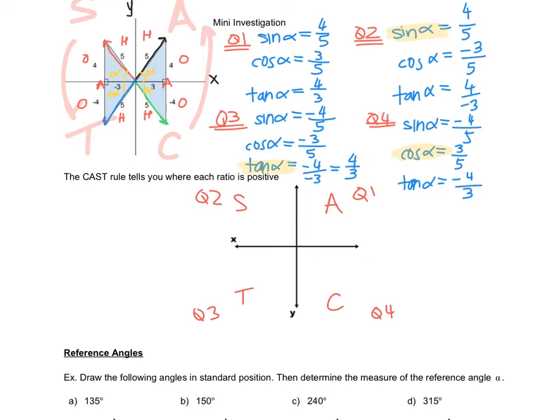Now, let's say this right here is my triangle, and that is my alpha. And I'm going to draw the exact same triangle in each one, which means they all have the same alpha as the reference angle. But we know that in standard position, the angle starts at the x-axis and goes to the terminal arm.